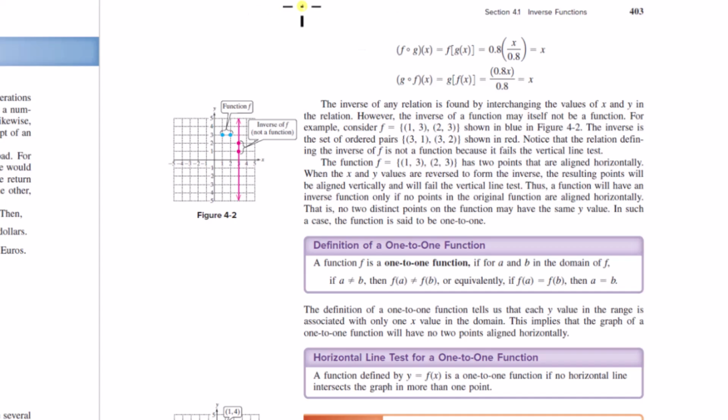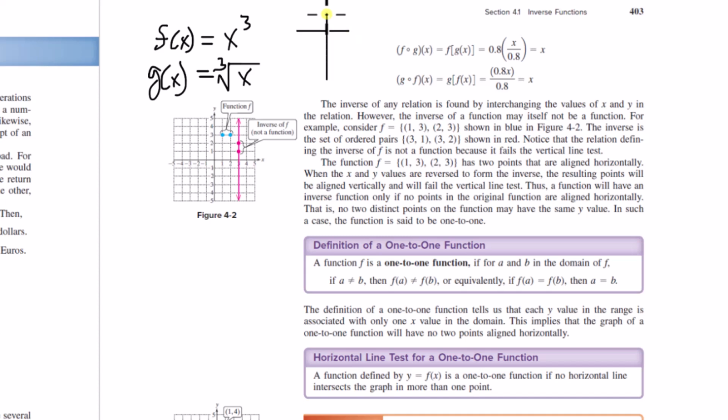Okay, so to get a sense of this, let's say that f of x is equal to x cubed, and g of x is equal to the cube root of x. If you made a table of x's and f of x's, so 1, 2, 3, let's just do that.